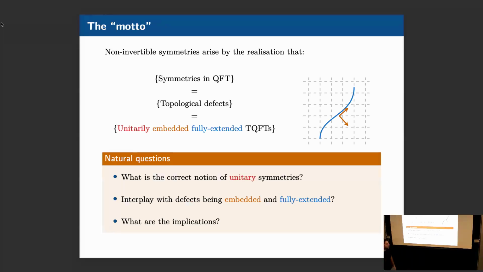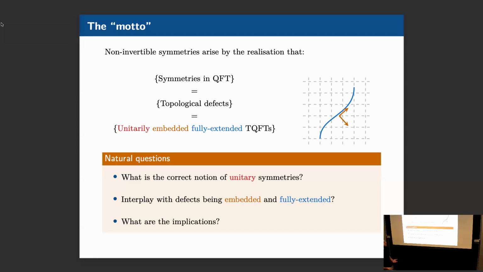And to do that, I'm going to try to reformulate the notion of unitarity, making use of this idea, right? That unitarity should have something to do with the fact that your symmetry is described by topological defects. So in particular, there should be some notion of unitarity that has to do with the symmetry being described by topological defects.